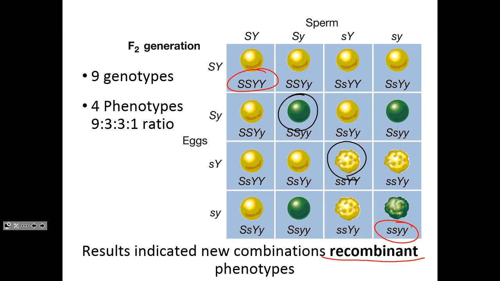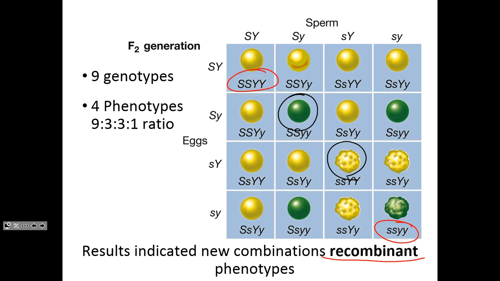When you go through and count up this Punnett square, you would determine that there are 9 separate genotypes and that there are 4 phenotypes. And in our complete dominance cross for an F2, we're always going to have a 9:3:3:1 ratio in our F2 generation.